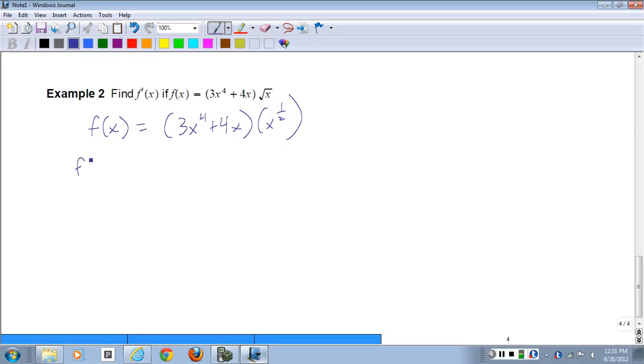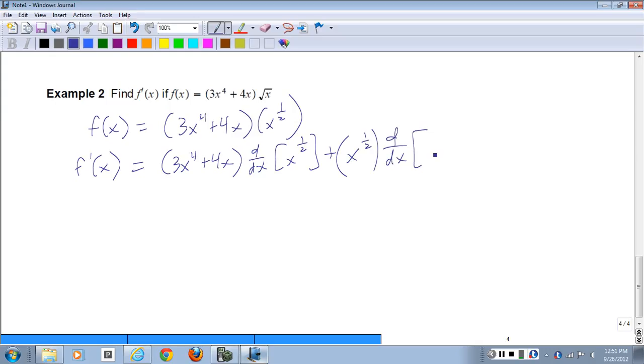F prime of x equals the first times the derivative of the second plus the second times the derivative of the first. So we need to find those two derivatives.